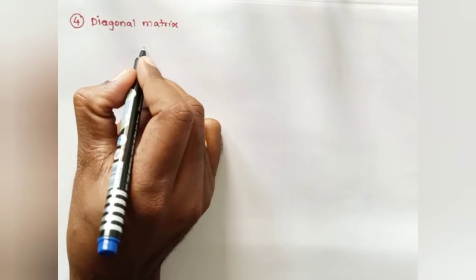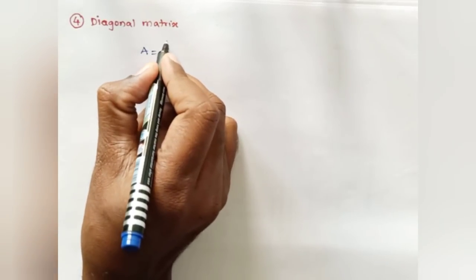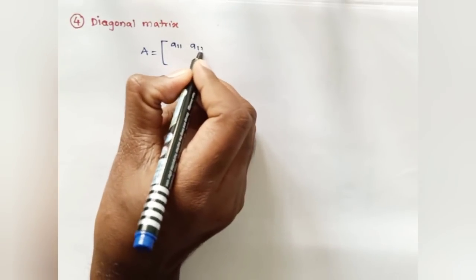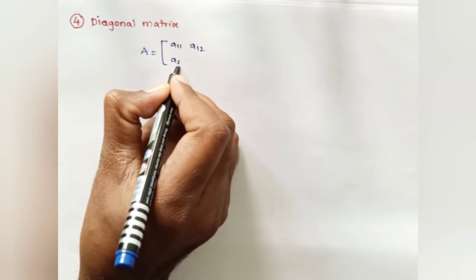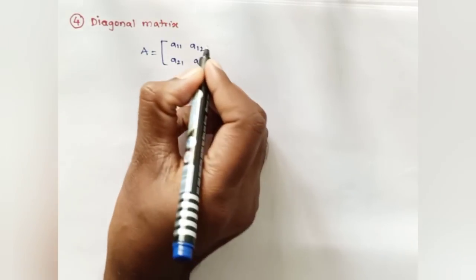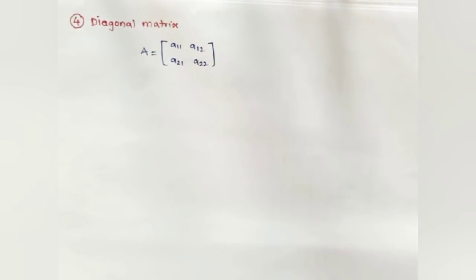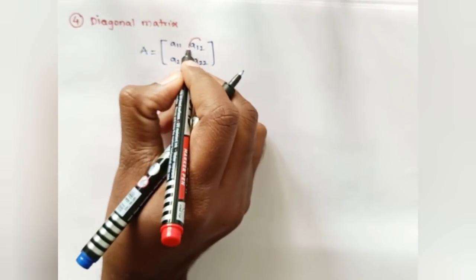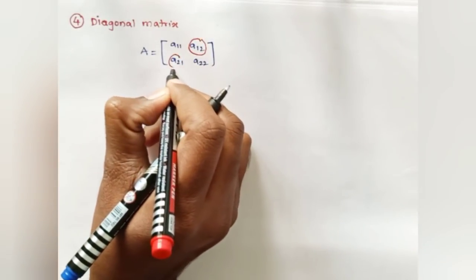So let us consider a 2 by 2 matrix. A is equal to A11, A12, A21, A22. Here the non-diagonal elements are A12 and A21.